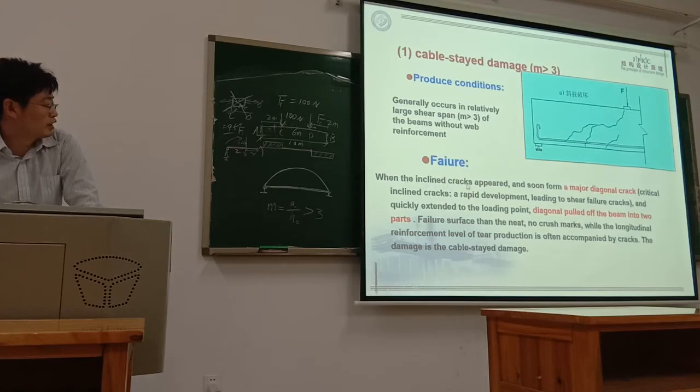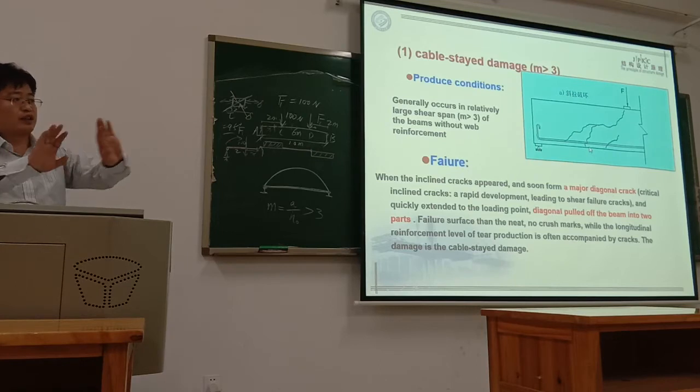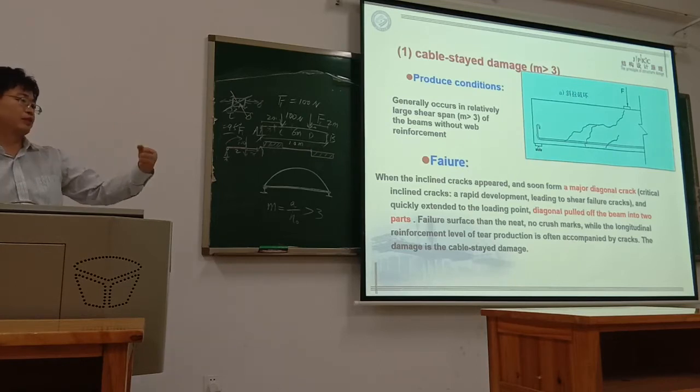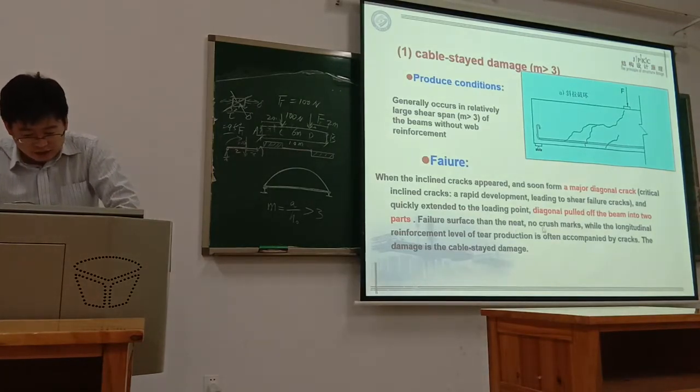When the inclined crack appears, it soon forms a major diagonal crack, a critical inclined crack, which develops rapidly, leading to shear failure. It quickly extends to the loading point, and suddenly the diagonal crack splits the beam into two parts, mainly because of the tensile force. The failure surface has no crushing neck.